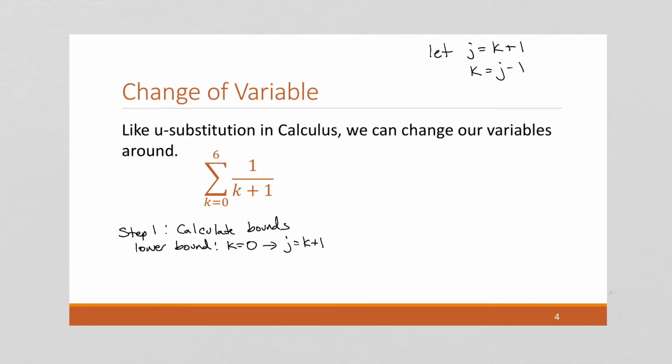That's up here in our change of variable. So if I plug in a 0 for k, I'm going to get 0 plus 1 equals 1. So I now know that my lower bound is going to be j equals 1.